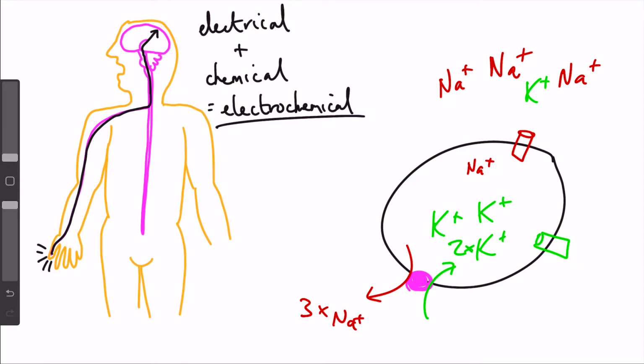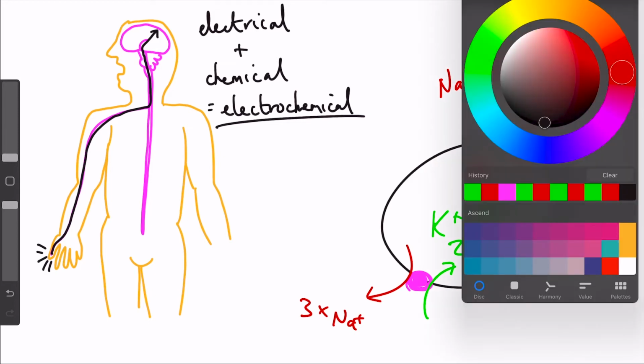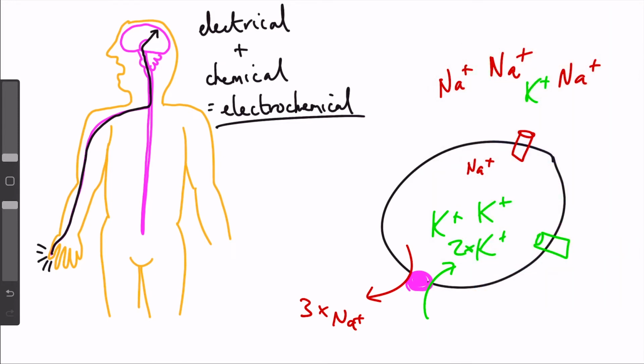So think about that. If you throw outside 3 positive things, 1, 2, 3, and throw inside 2 positive things, there is a net positive charge sitting outside the cell. The outside is slightly positive compared to the inside of the cell.